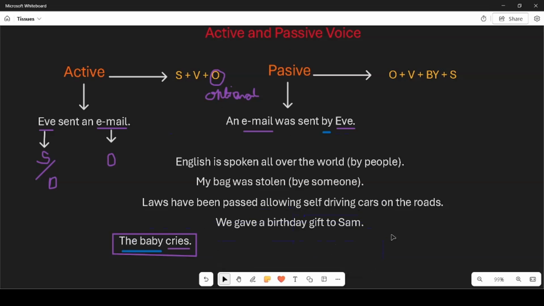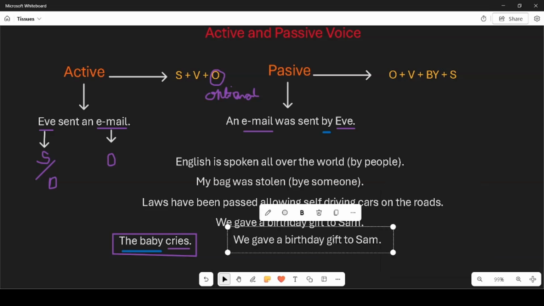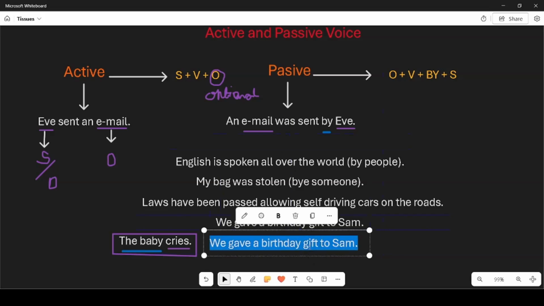And this in passive voice would be a birthday gift was given to Sam by us, or Sam was given the birthday gift by us, or Sam was given a birthday gift. So there are many ways you can write all of this.